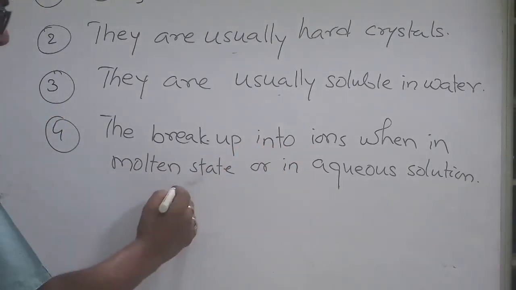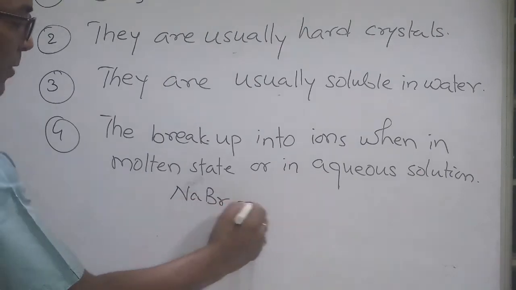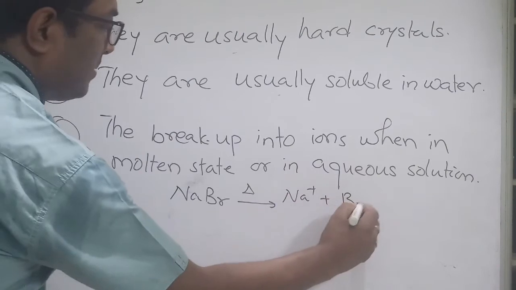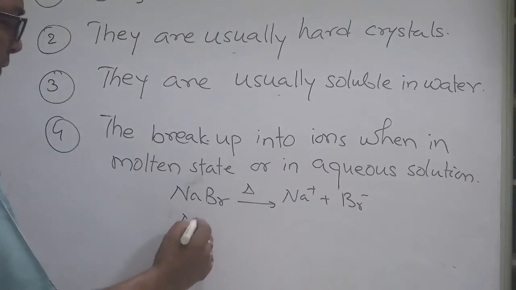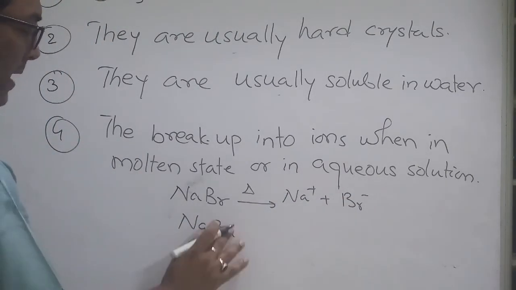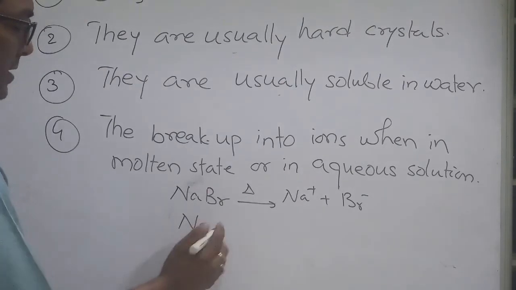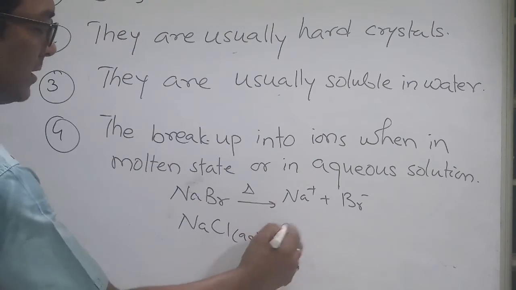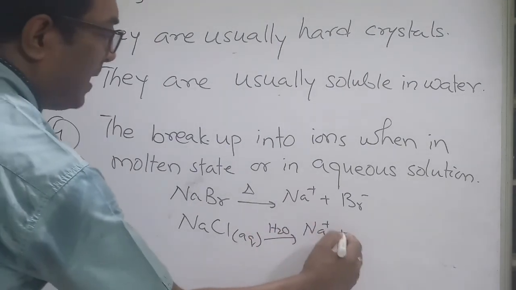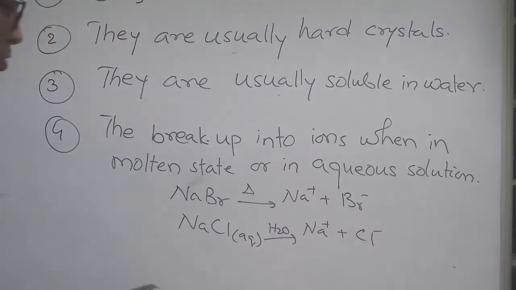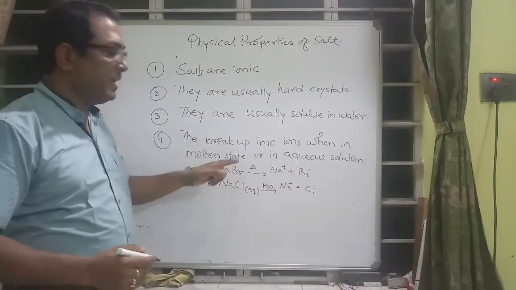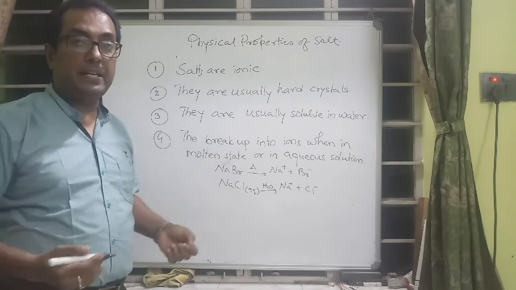Like NaBr: when you heat it, it will break up into Na plus and Br minus. And if you take NaCl in the aqueous state, in water, it will break up into Na plus and Cl minus. So you can have the ions only when you add it to water or when you heat it and melt it.